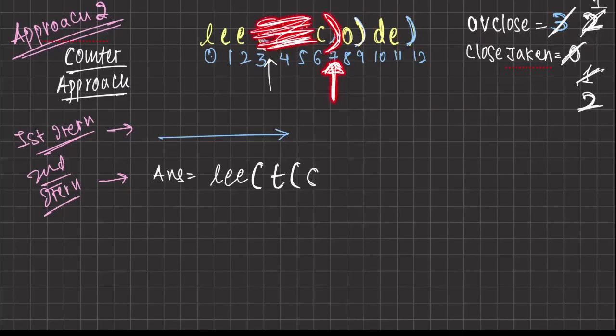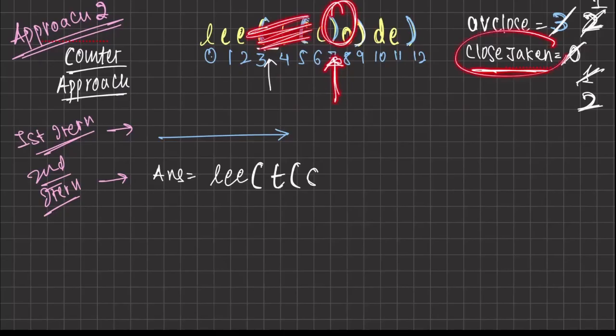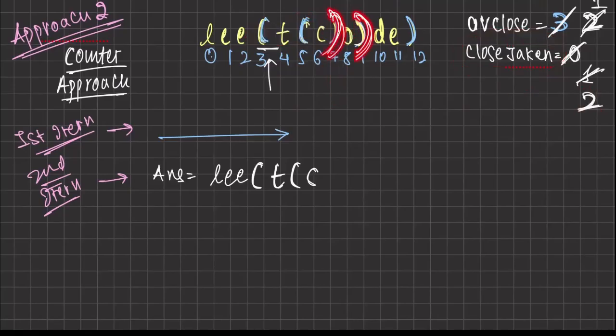Do I take it or not? How can I understand? If there are any opening parentheses before, then only I will take it. Otherwise, why should I take it? It is not completing my pair. Using this close taken variable, we have two, which means we need to take two closing parentheses. So from this, we can understand this variable is useful.